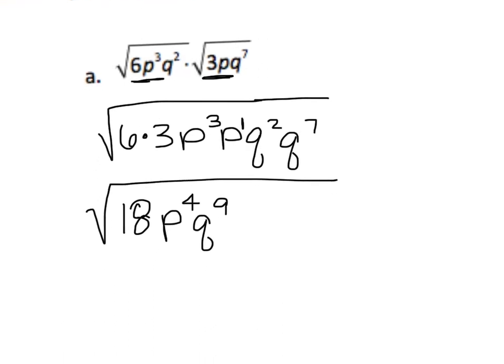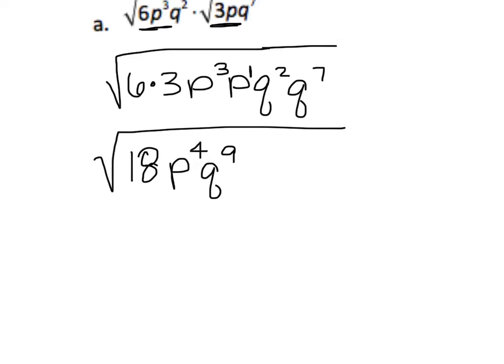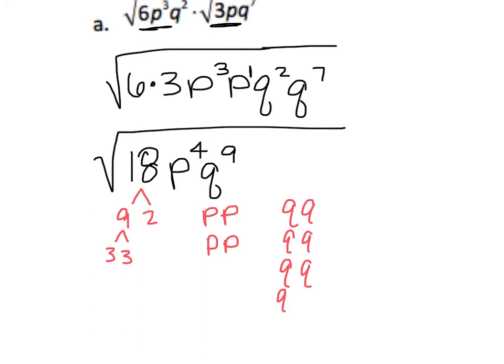Okay, and now let's turn it into a level 1 question. I'm going to break down 18. And since it's a square root, I'm going to look for groups of 2. So 1, 2, 3, 4. 1, 2, 3, 4, 5, 6, 7, 8, and 9.